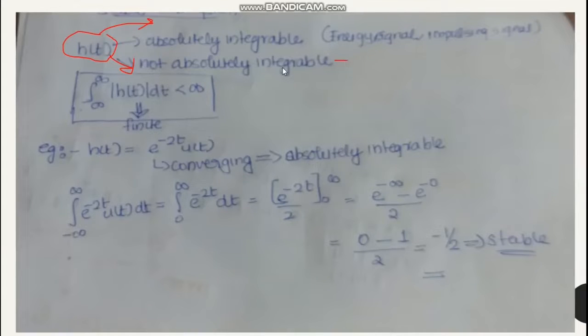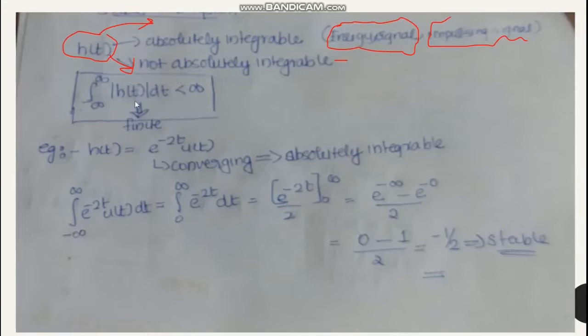If you remember about the signals, for energy signals, one property is that the energy signal should be absolutely integrable, right? And if you remember the impulse signal property, an impulse signal is absolutely integrable, right? So such signals are said to be absolutely integrable and they are also stable.